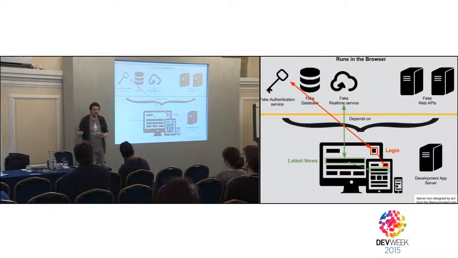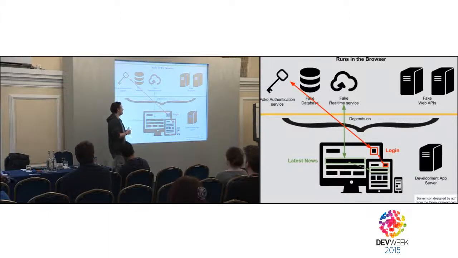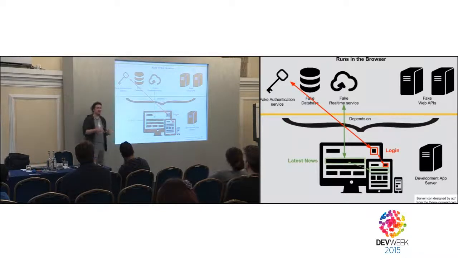So there's no real need for any back-end components to be running at all. We're accessing JavaScript implementations of the authentication services, a fake database, a fake real-time service, and fake web APIs.